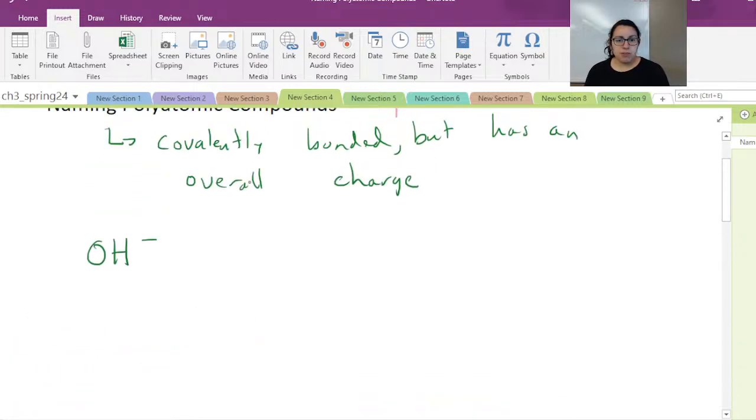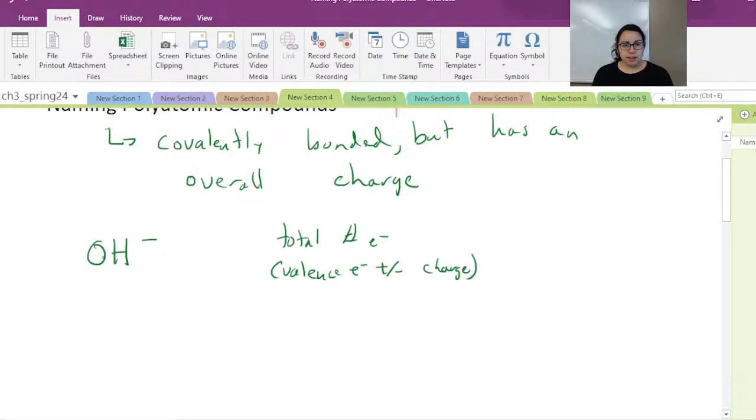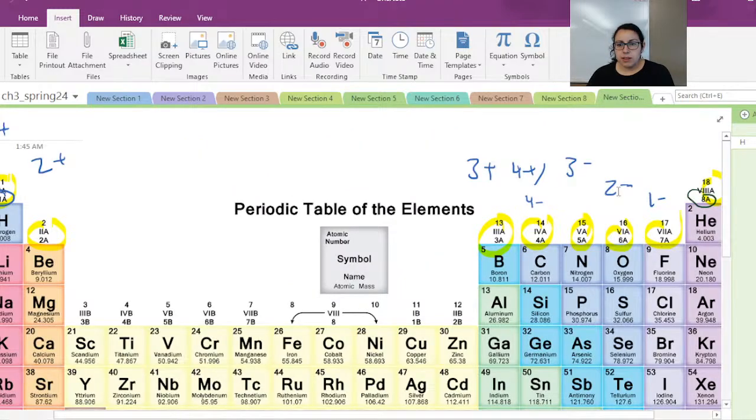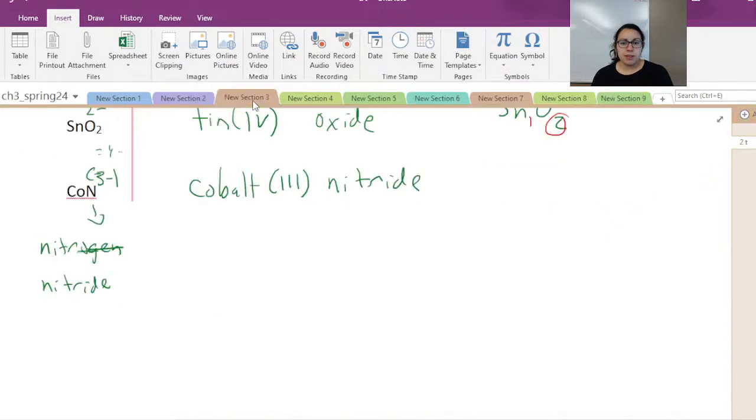What you need to find is our total number of electrons in our system. This is just the valence electrons plus or minus, depending on the situation, the charge. What I mean by that is, if we look at oxygen on our periodic table, 6 valence electrons, so it brings that to the party.